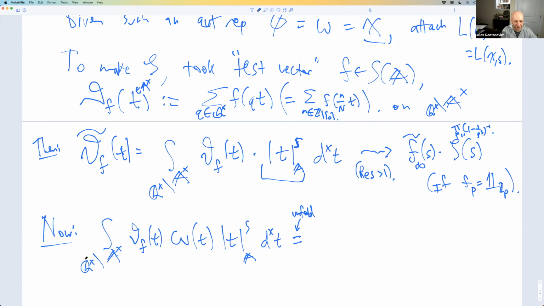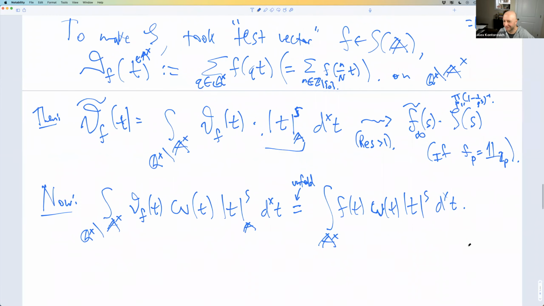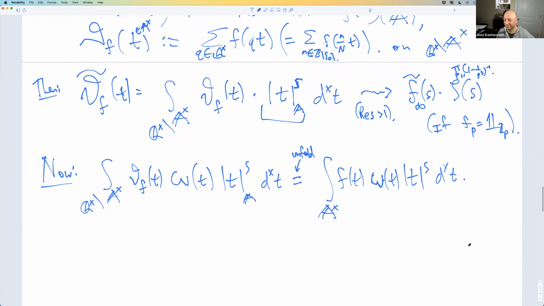We have an integral on A star mod Q star, and then a sum over Q star. So when we unfold, we just get an integral over all of the ideles, and then little f of t, omega of t, and then t to the s, after expanding out and reorganizing.